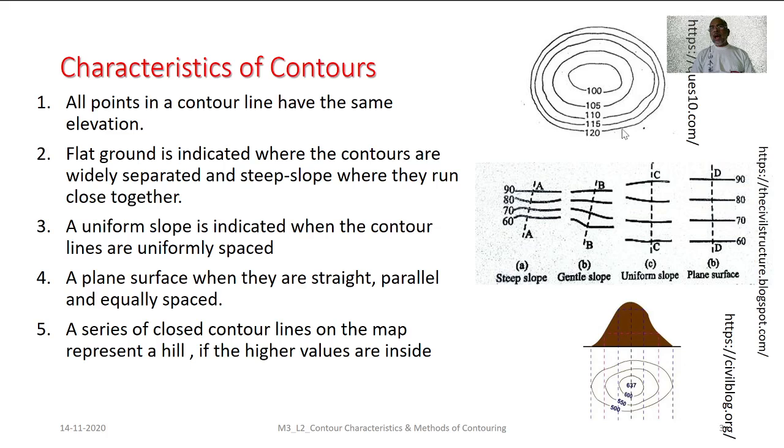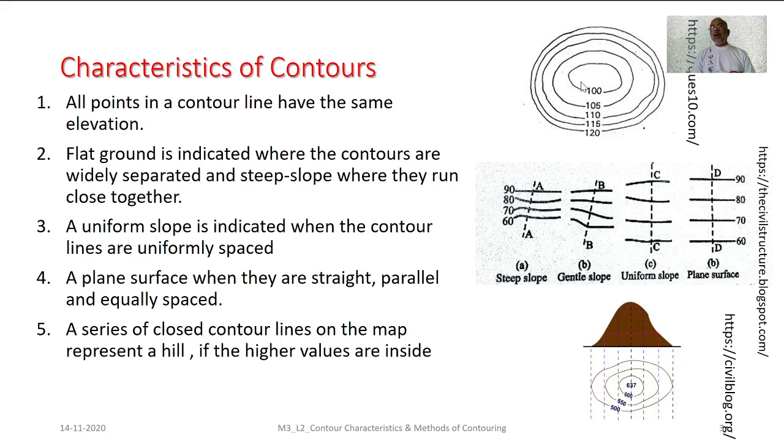Also, as you see in this contour map, the contours are forming certain loops and giving some typical intervals. The innermost contour has the lowest reduced level, and the outermost contour has the highest value.